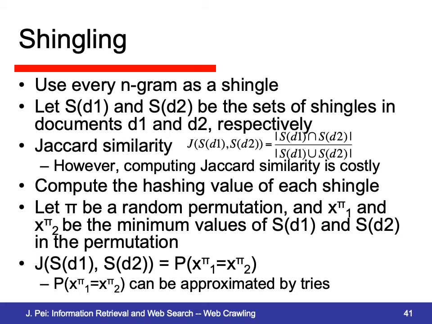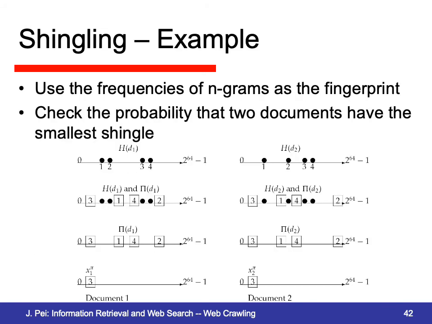And then if we have a uniform sample of those random permutations and pick the smallest value of the shingles in the permutation, then we may be able to approximate the Jaccard similarity. Let's look at a concrete example.